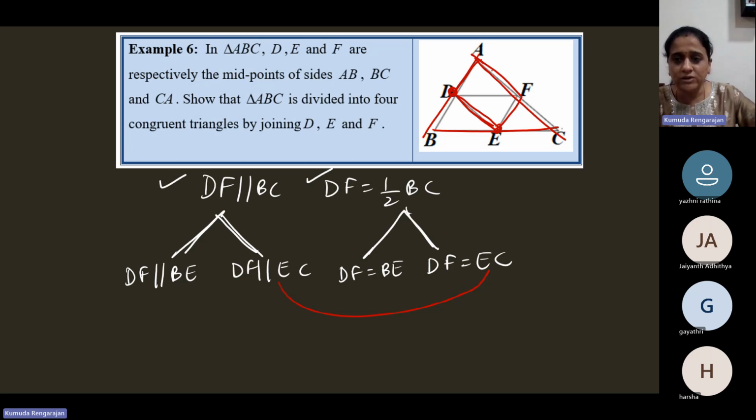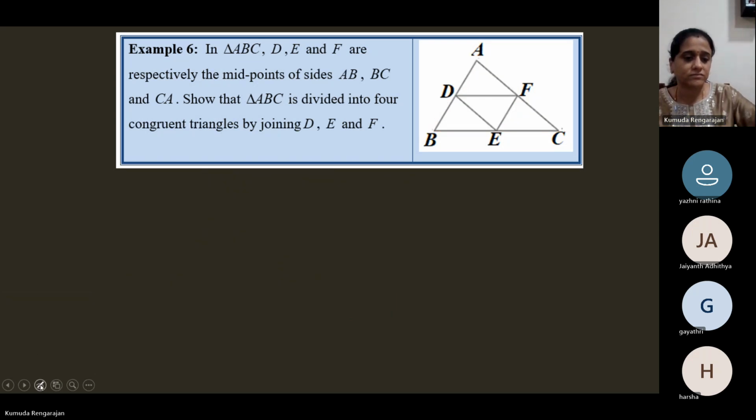Therefore, DE is parallel to AC, and DE is equal to half of AC. DE is half AC, means DE is equal to AF. And DE is parallel to AC, means DE is parallel to AF. So this is a parallelogram.